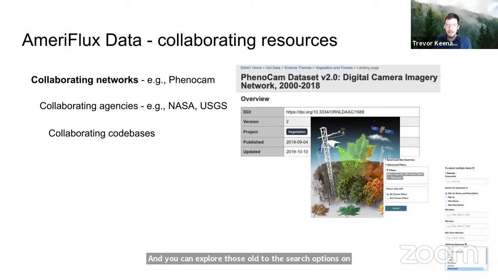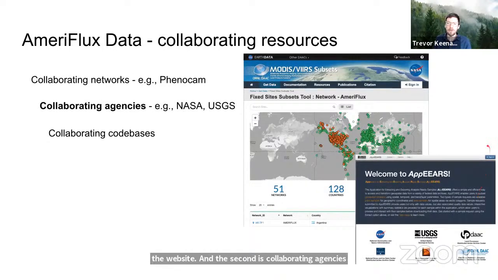And the second is collaborating agencies. So particularly here, I want to call out efforts by NASA and USGS to link AmeriFlux sites and facilitate the use of remote sensing data for those sites. So particularly the MODIS subsetting tool, which allows you to pull out time series of remote sensing data for individual sites.